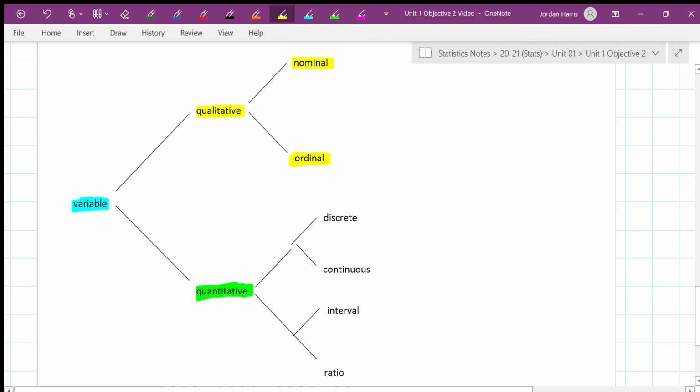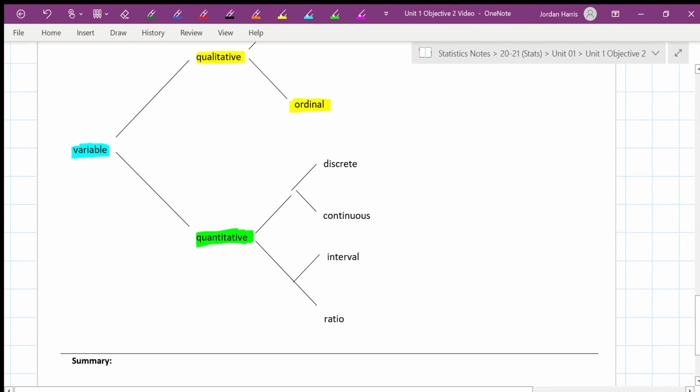So I can have an ordinal qualitative variable. That's a descriptor of that variable. And in quantitative, we can describe it as continuous or discrete, one of the two, and also as interval or ratio. So I could have a ratio, discrete, quantitative variable. All of those words combined describing that variable.